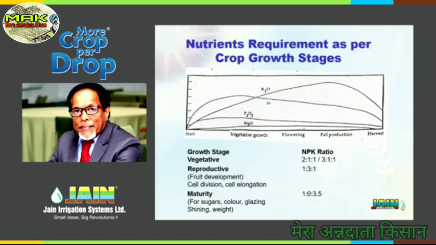Initially there is less potash and high nitrogen, and P2O5 is slightly high during the vegetative stage, then it tapers down. High potassium comes later in production, that is the fruit or grain formation time. So this gives us some idea about how the crop generally takes up and utilizes nutrients during its crop cycle.